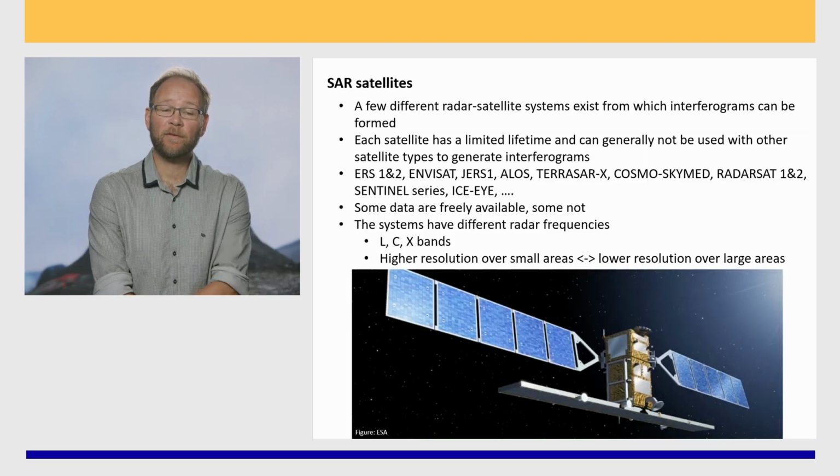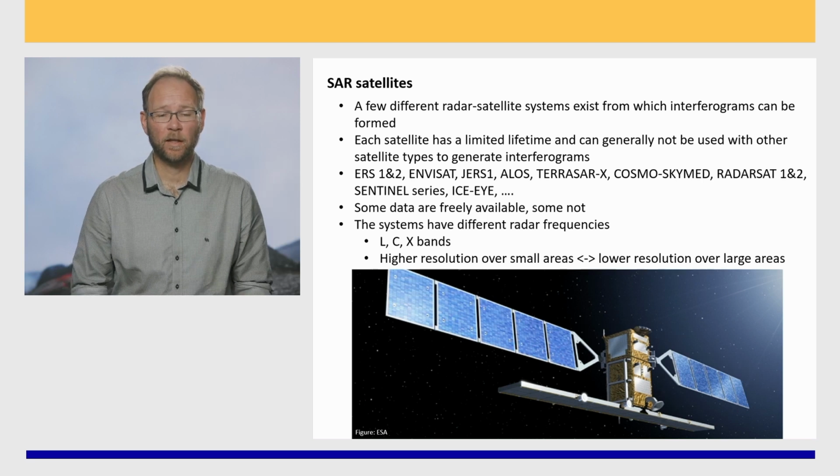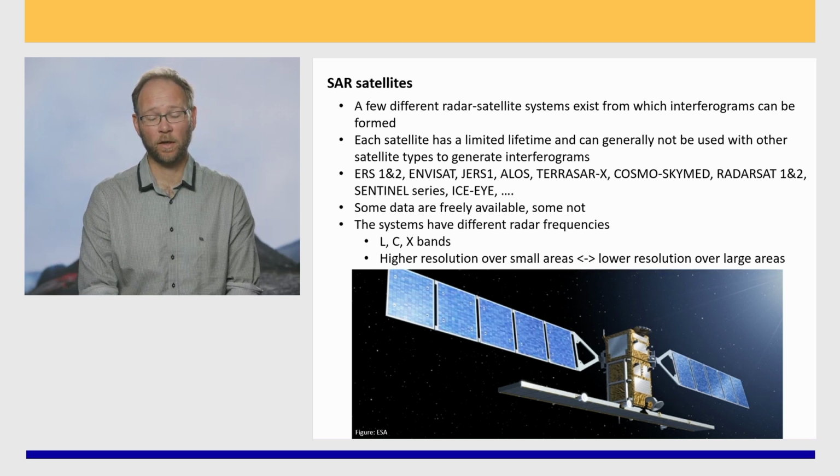So there are some different radar satellite systems that exist, and they all have some limited lifetime. And that means there are sort of patchy observations that we have for total deformation of different volcanoes, for example.